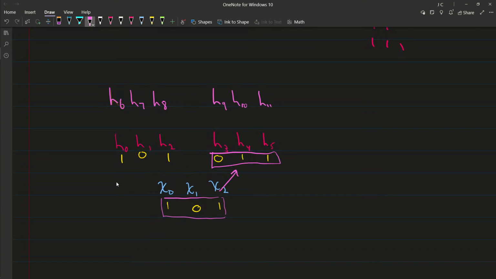So that's cool, but then what does the pink layer do?